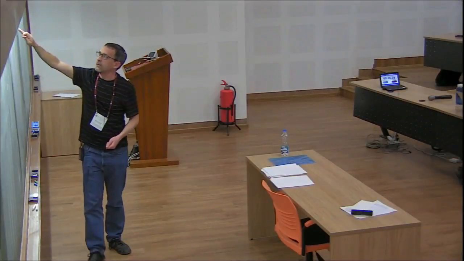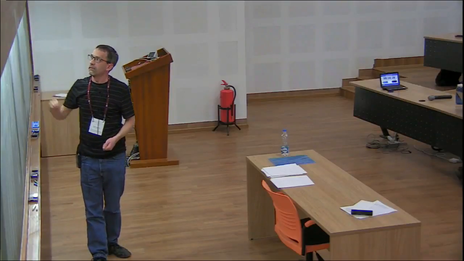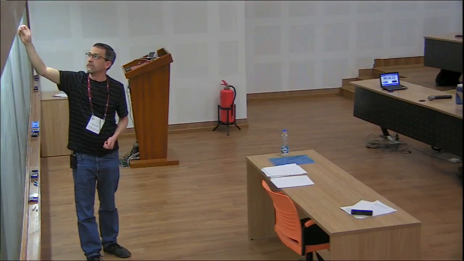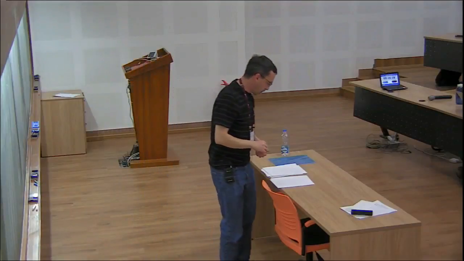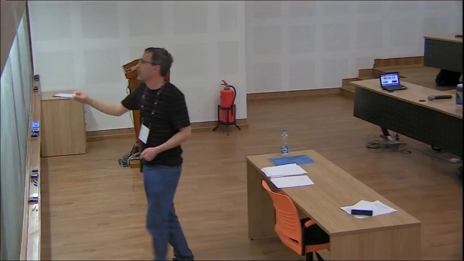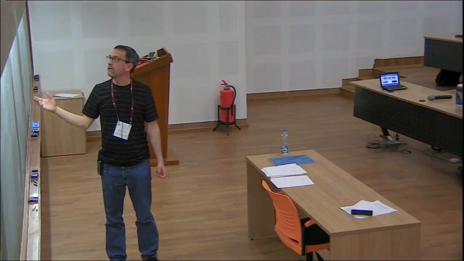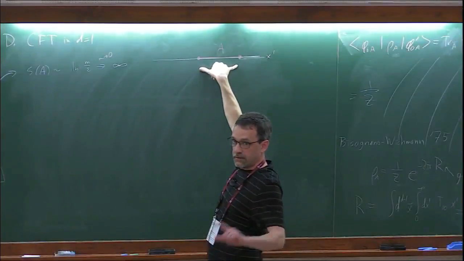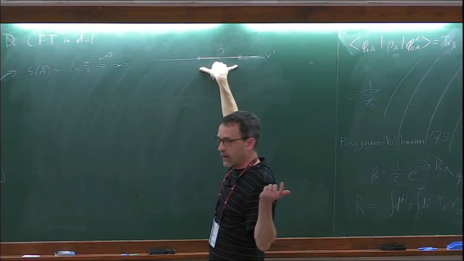So just to eliminate that, why don't we just decide to cut off the interval, so we make a finite interval of length L. And it turns out that you can compute S of A in a CFT for an interval of length L exactly, using some CFT techniques.